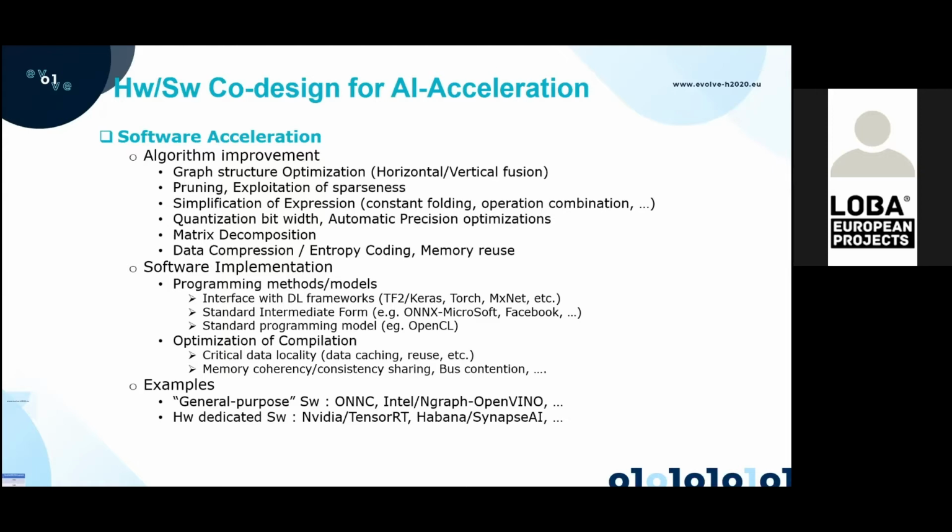The graph structure itself can be optimized horizontally or vertically by making some fusions between different layers, for example. It also can be improved by pruning some operations which go down below some threshold of significant values and can be eliminated. And also the exploitation of sparseness of the matrices used in the computations of those neural networks.